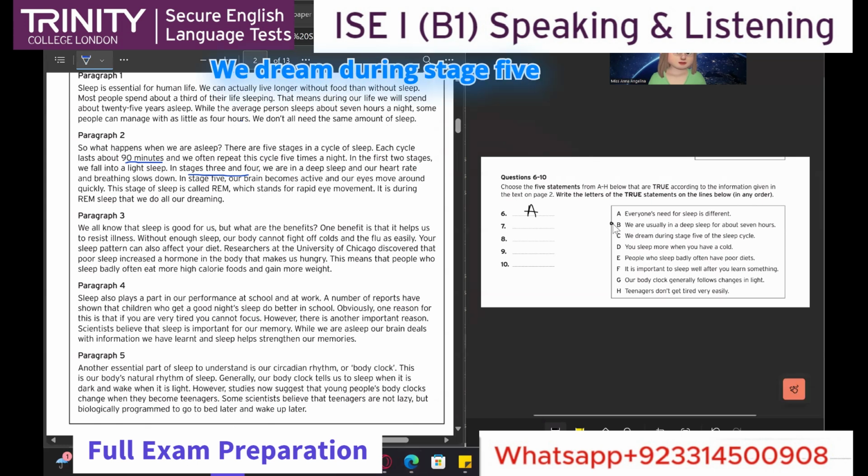We dream during stage 5 of the sleep cycle. Yeah, that's true. Yes, that's right. You sleep more when you have a cold. Yeah, that's true.